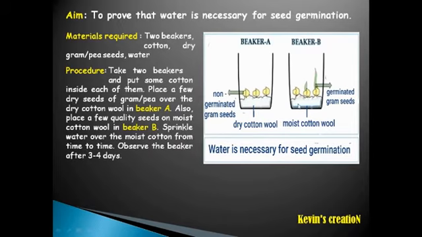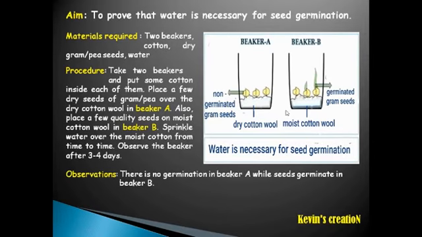Now keep this apparatus for 3 to 4 days, and after that when we observe, we'll see that there is no germination in beaker A, while seeds germinate in beaker B. In A there is no germination because the cotton was dry, and in B germination takes place because there was wet cotton, so it got the water.